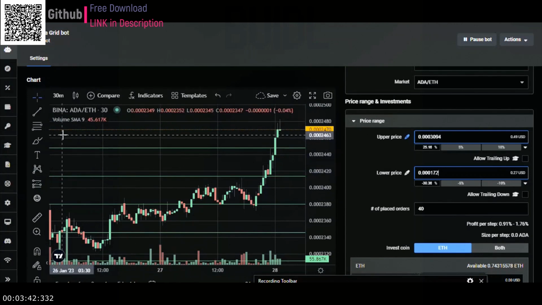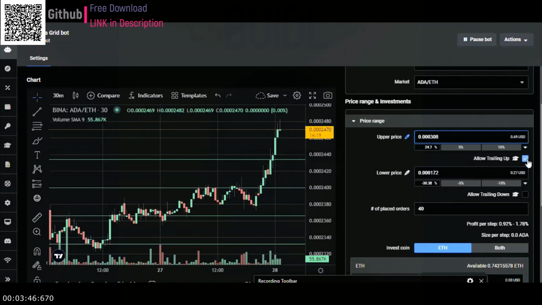But if you want to go beyond that, it is possible if you allow trailing up. The bot will continue to run even if the price goes beyond 0.00308, because trailing up will come into use, right?